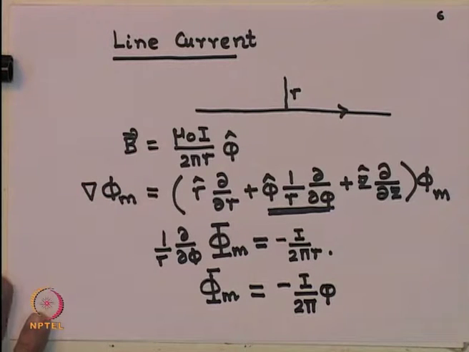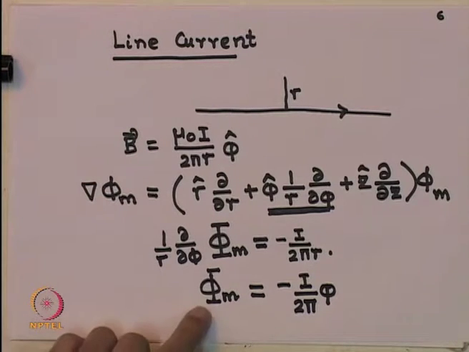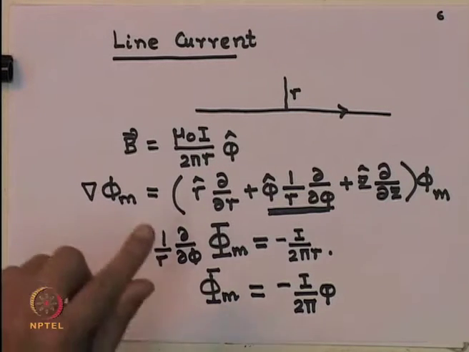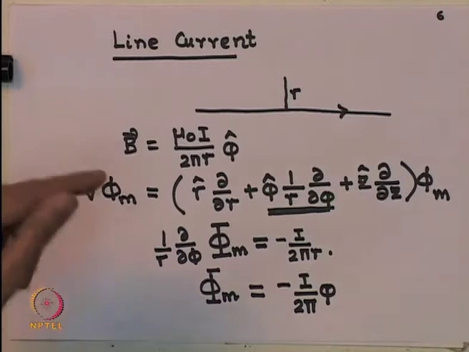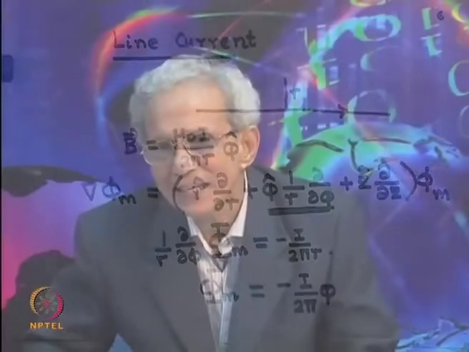Notice one thing, that this potential is not really unique, because every time you circle the origin, your angle phi increases by 2 pi. So, that is about the line current.